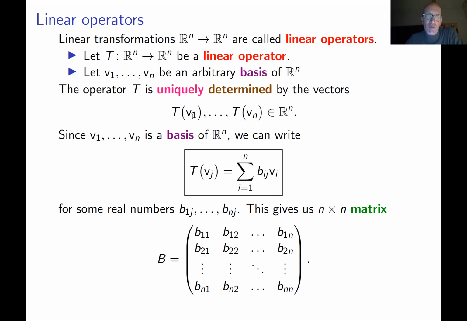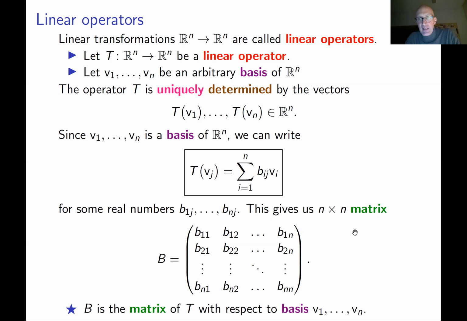You take T of V1, write this vector as a linear combination of vectors V1, ..., Vn, take the corresponding coefficients, and put them as the first column of the matrix B. Then you do the same with the second vector, T of V2, then T of V3, and up to T of Vn, which gives you the last column of this matrix. This matrix is called the matrix of linear operator T with respect to the basis V1, ..., Vn.